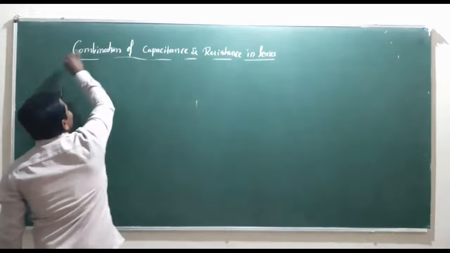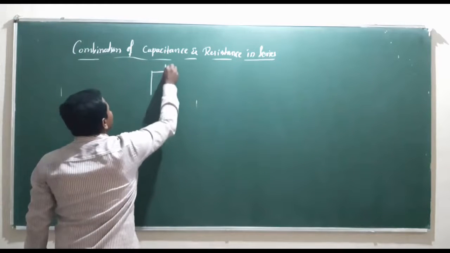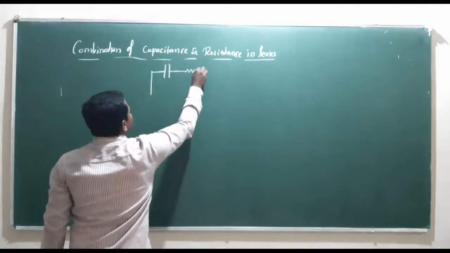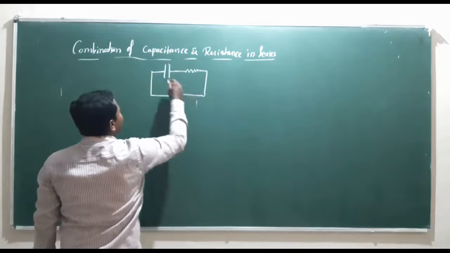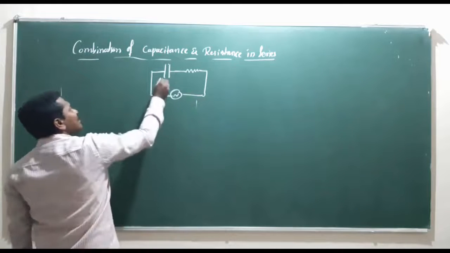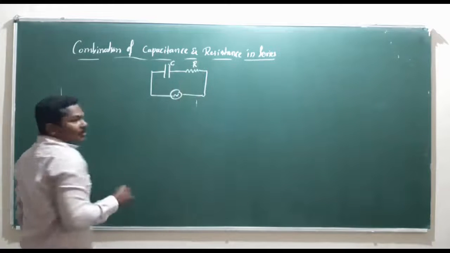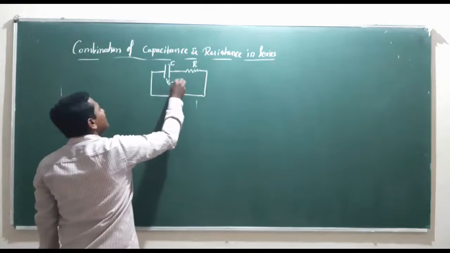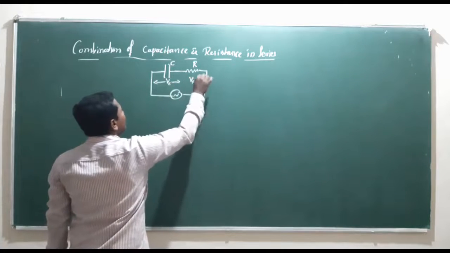For that, let us consider a capacitor and a resistor, connected in series. The capacitance of the capacitor is represented by C, the resistance of the resistor by R, the voltage across the capacitor is Vc, and the voltage across the resistor is represented by VR.